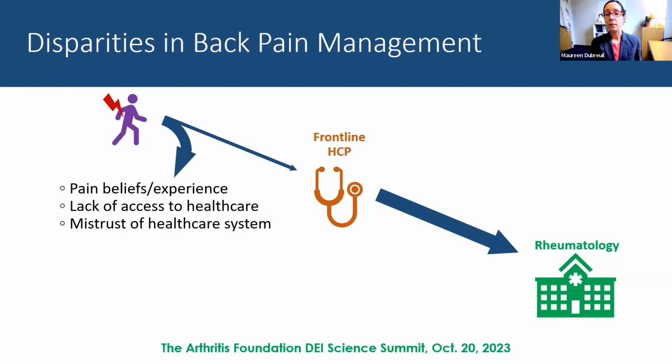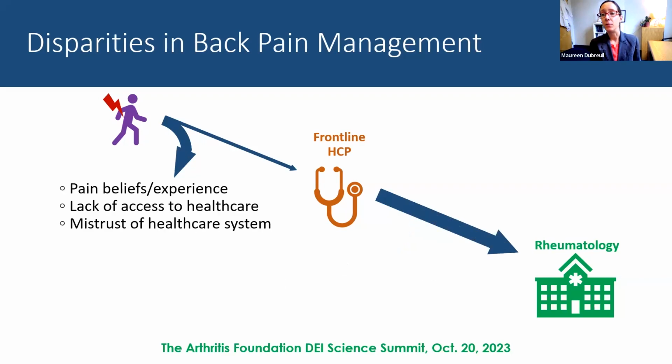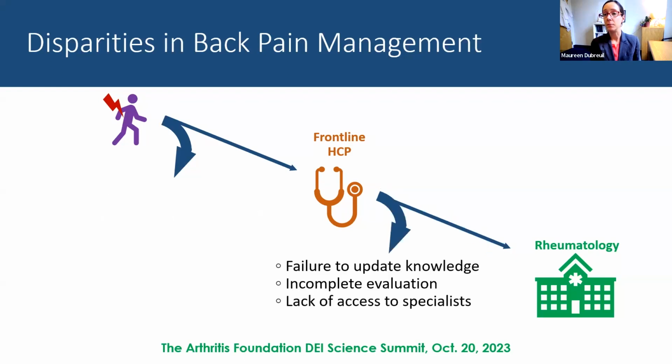There are issues around access related to insurance, or related to social support systems, such as dependent care or transportation. And then the third bullet that was listed there is around mistrust of the healthcare system, particularly subgroups of Americans who may have been subjected to unethical medical or research practices or even racist practices in the past.